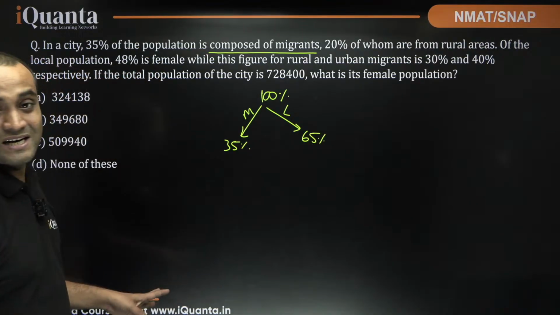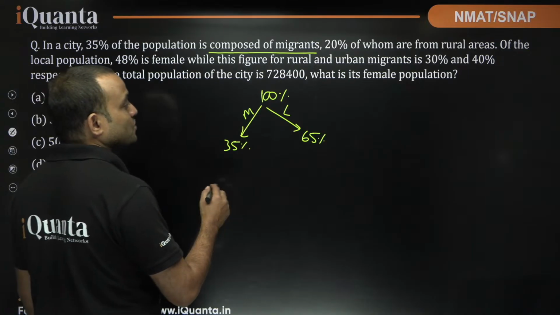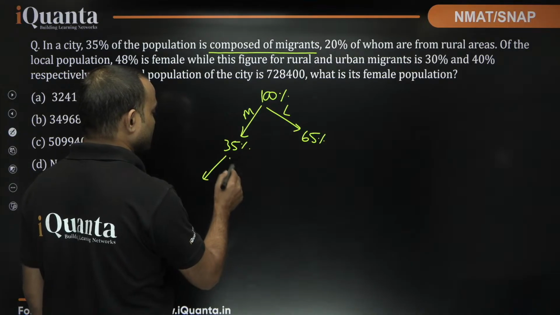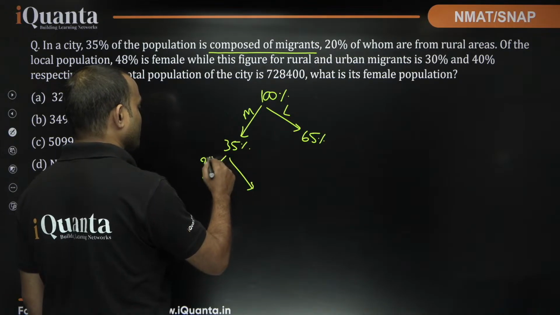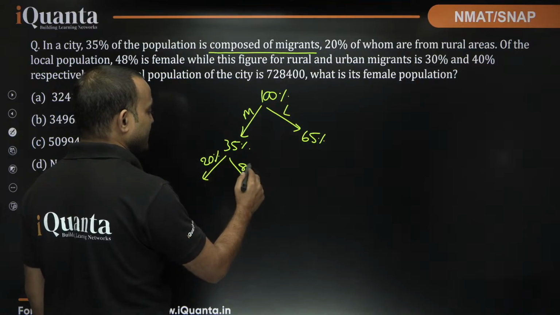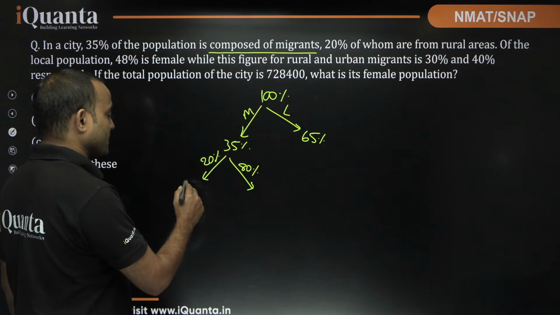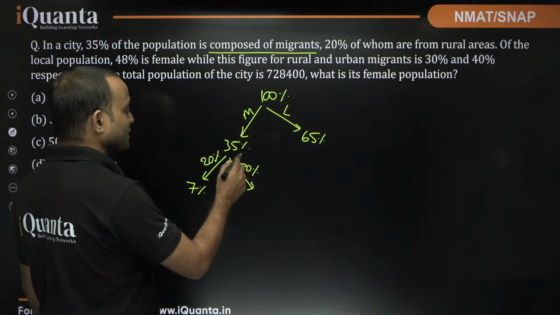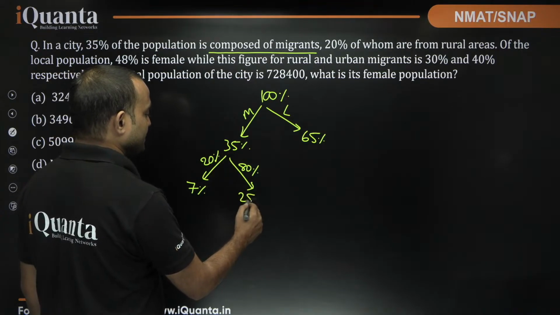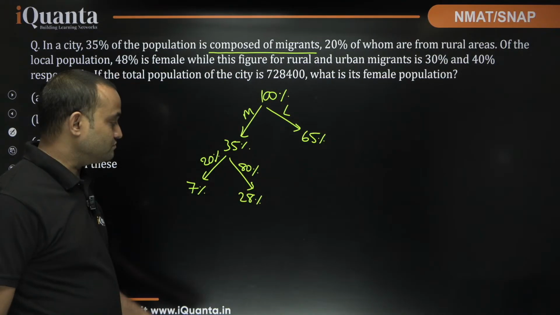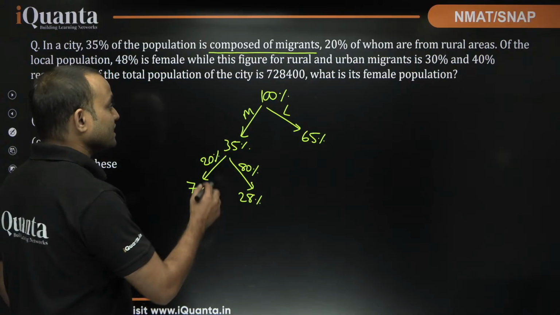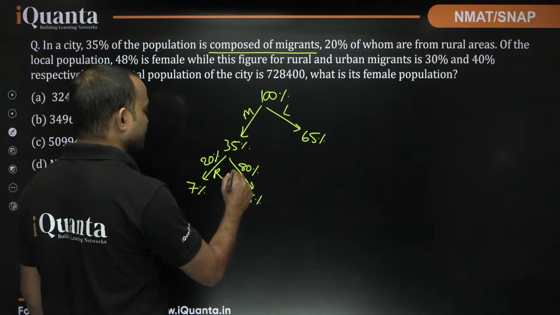Out of these 35%, 20% of whom are from rural areas, 80% will be from urban areas. So, 20% of 35% is 7% and 80% will be 28%, right. So, rural areas and urban areas.